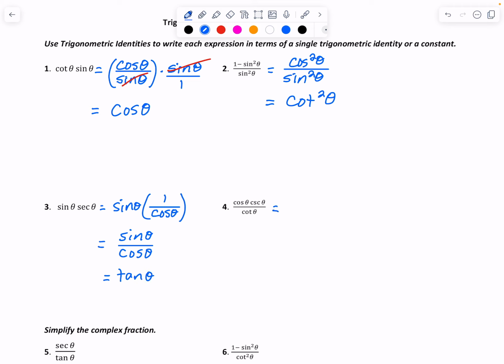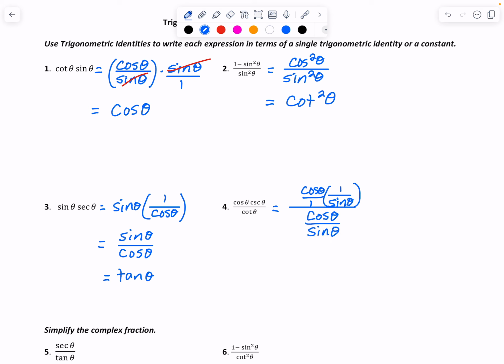Okay, problem 4. My recommendation is to change everything to sines and cosines again. So I'm going to get cosine theta times 1 over sine theta. We could put that cosine theta over 1. And then the bottom would be cosine theta over sine theta.